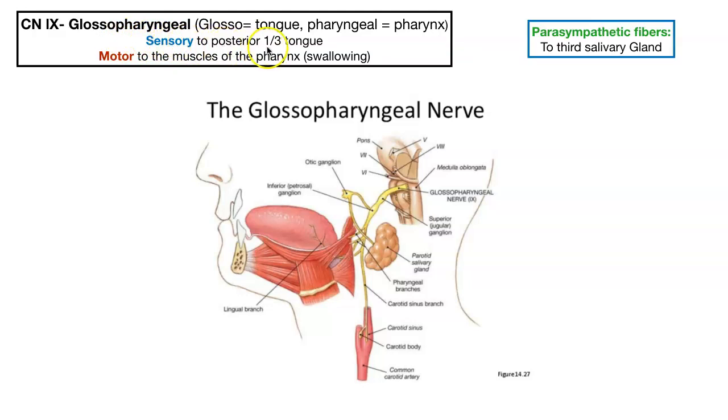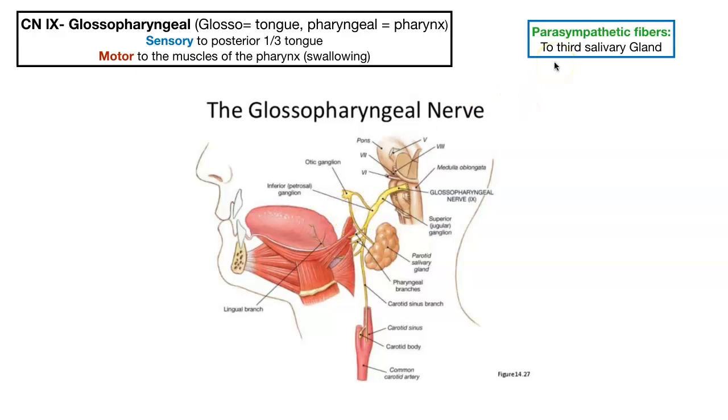Sensory to the posterior 1/3 of the tongue, so the back side of the tongue, and motor to the muscles of the pharynx. So this is helping you swallow. So when you're swallowing in the pharynx, you can feel everything moving back there. That is part of the glossopharyngeal, the motor to those muscles of swallowing.